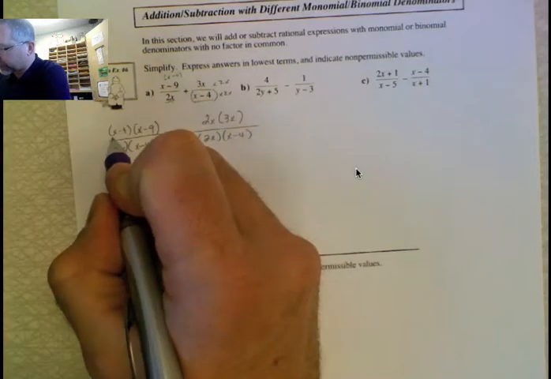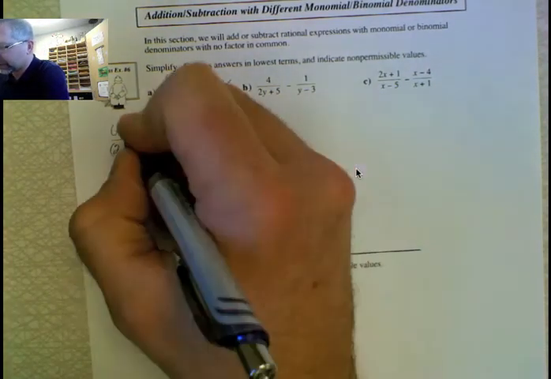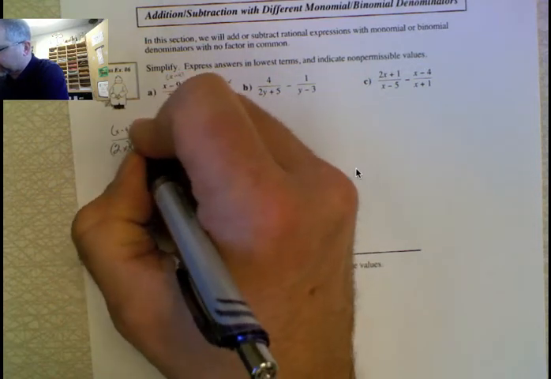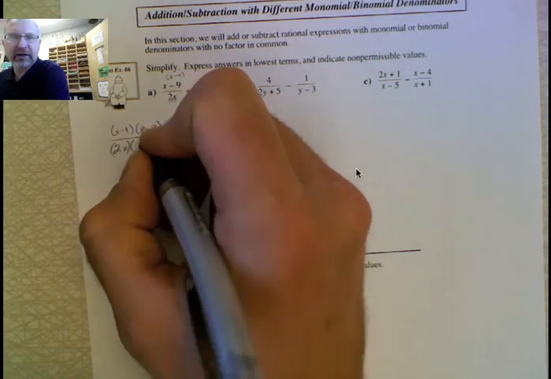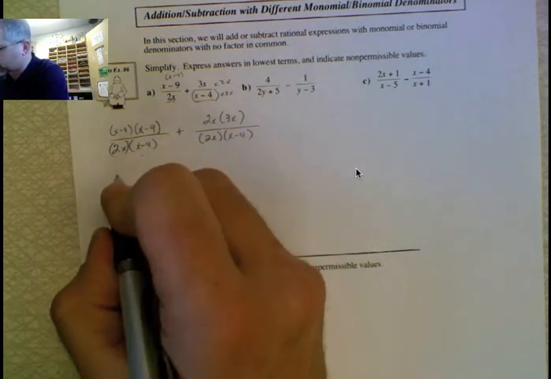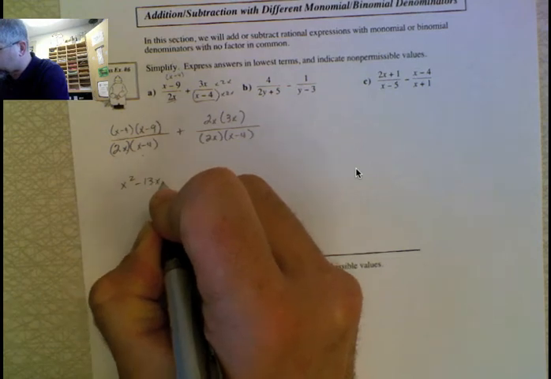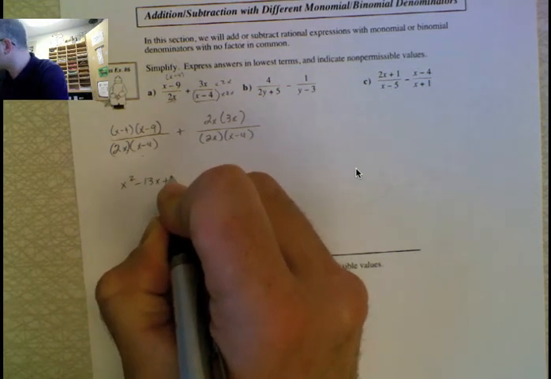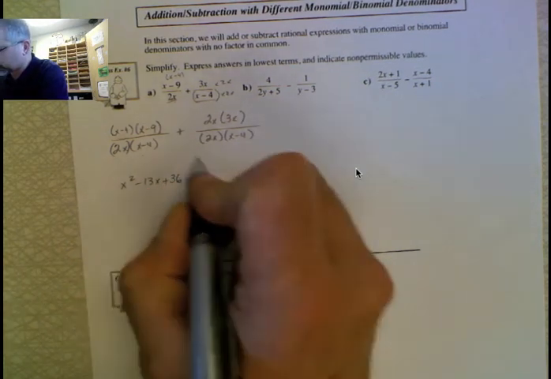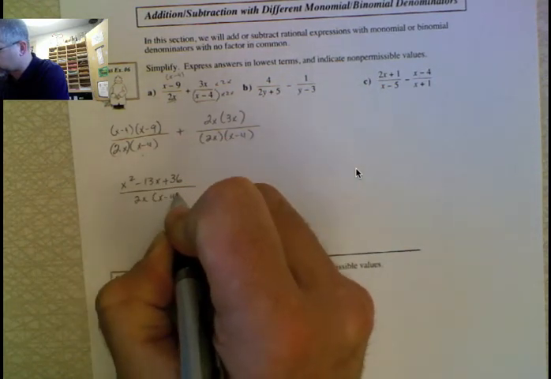So now, if you notice, you've got some terms that can be expanded in your numerator. So if I expand my numerator, and if you have to do that on a scrap sheet of paper, go ahead and do that on a scrap sheet of paper. But you're going to get x squared minus 13x plus 36 when you expand that all over 2x times x minus 4.